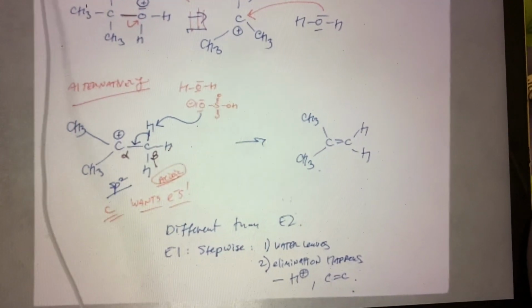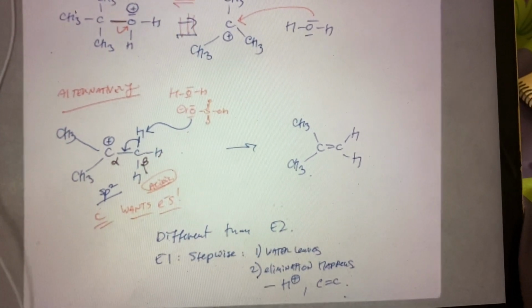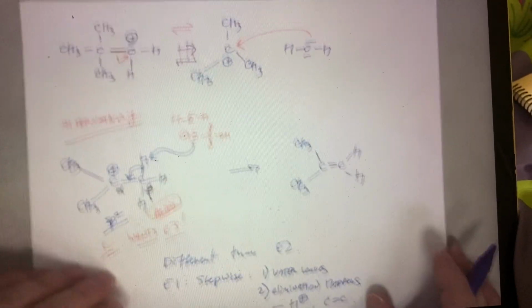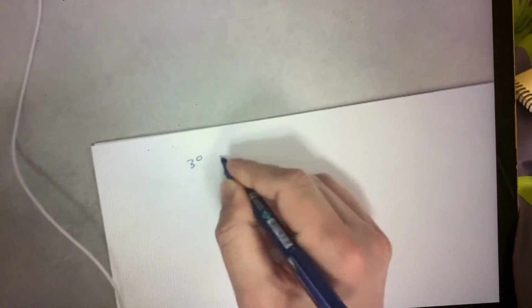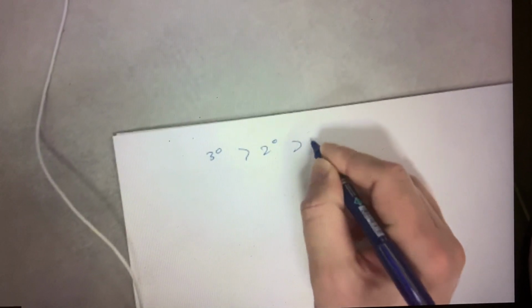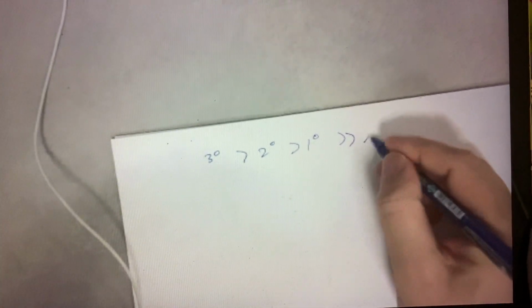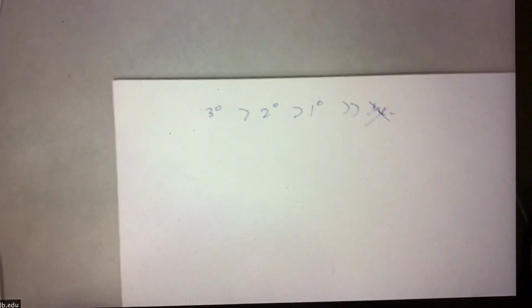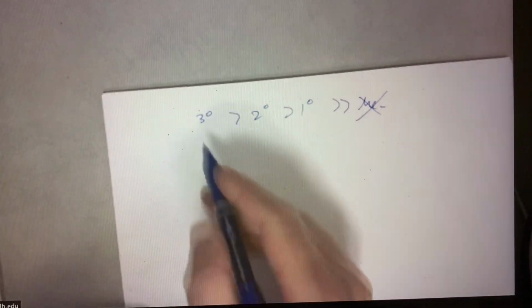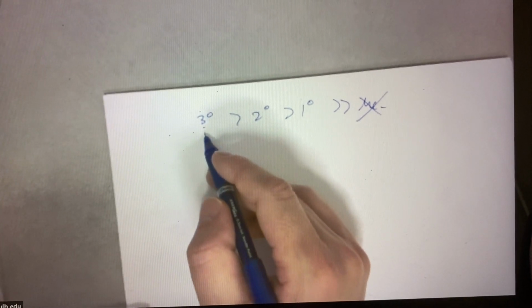then elimination takes place. We already know that the stability trend for carbocations is important. This would determine which of these forms easily. So this carbocation trend we know is tertiary, secondary, primary. Actually, methyl is impossible to form methyl carbocation. So we've seen this trend over and over and over again. So tertiary substrates give tertiary carbocations.